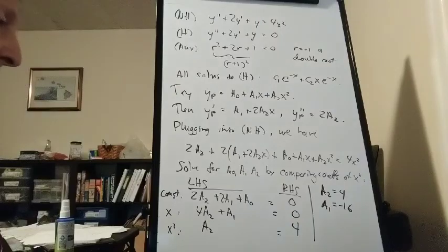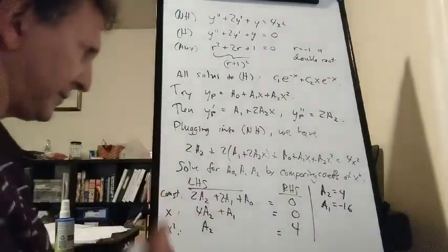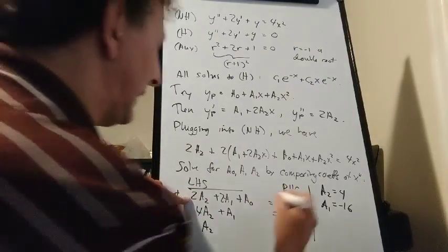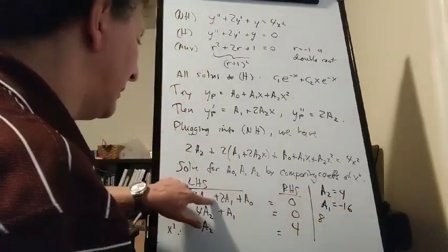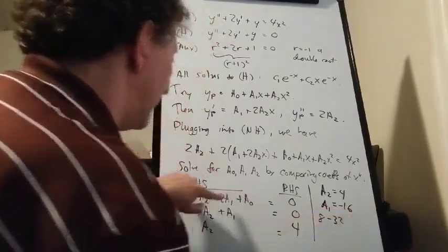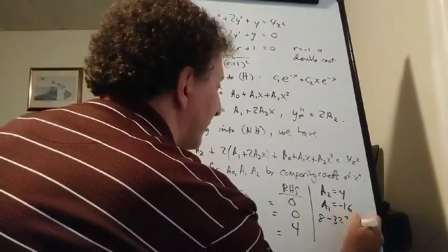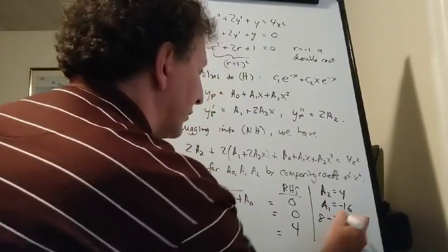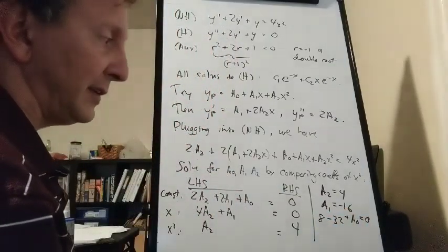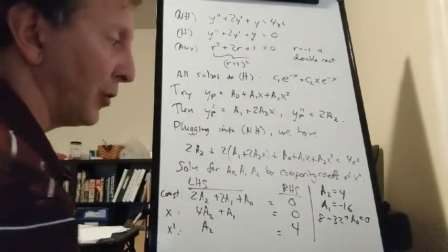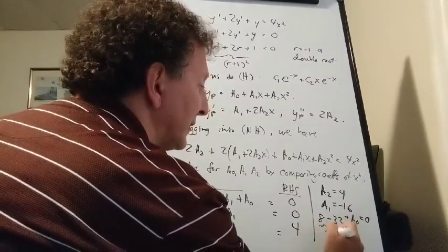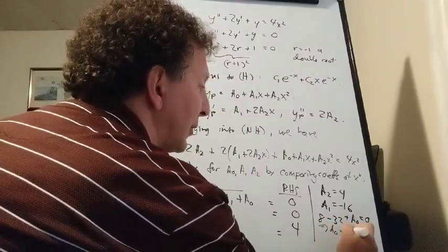And the first one tells us, let's see, 2a2, so that's 8, plus 2a1, minus 32, plus a0 equals 0. 32 minus 8 is 24. So this is negative 24 plus a0 equals 0. So that means that a0 equals 24.